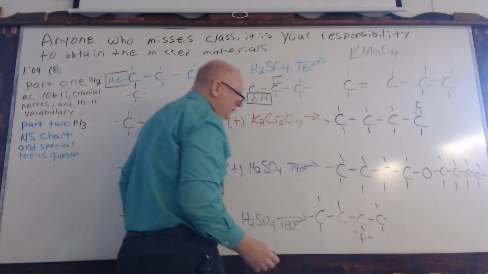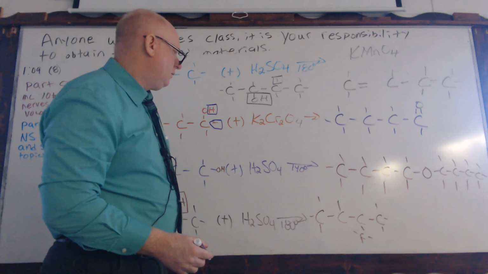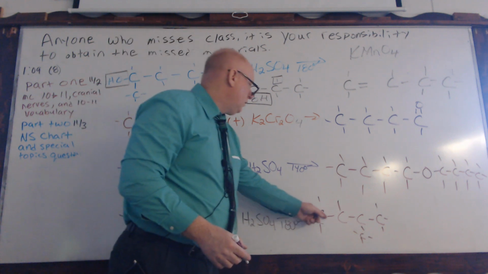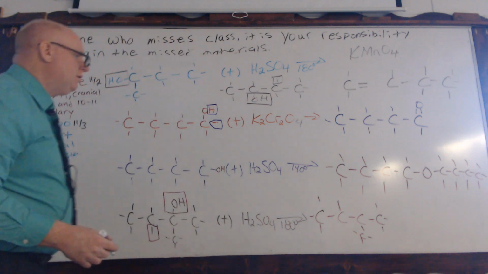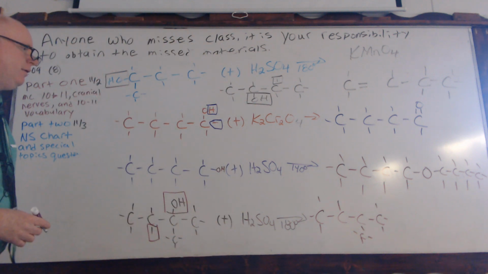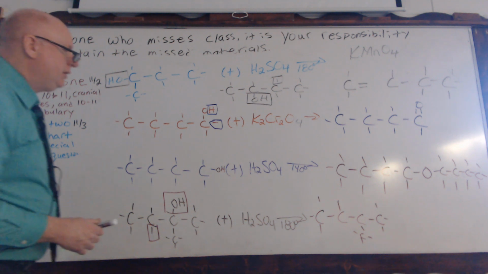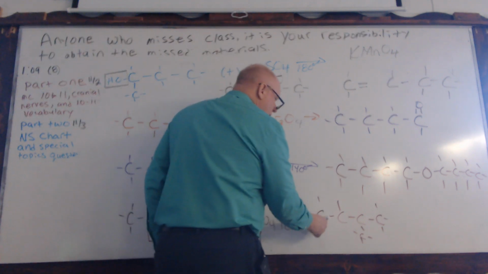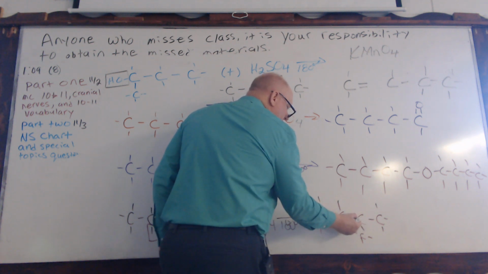So then what do we have to do? We need to put a double bond there because we only have 1, 2, 3 on this carbon, 1, 2, 3 on that carbon.